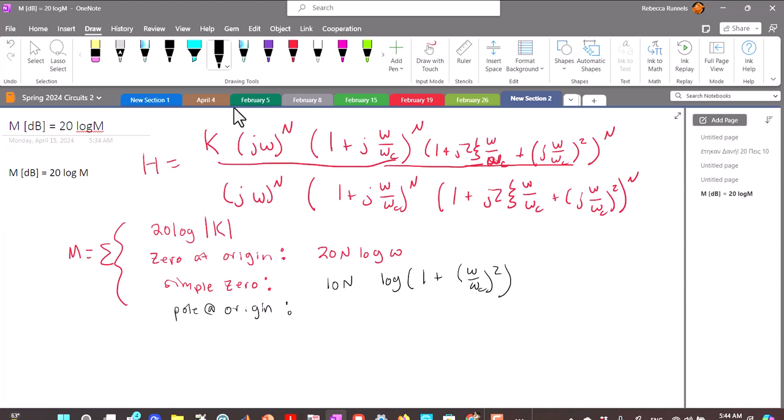You would have minus 20 n log omega, and for a simple pole, you would have minus 10 n log of 1 plus omega over omega c, squared.